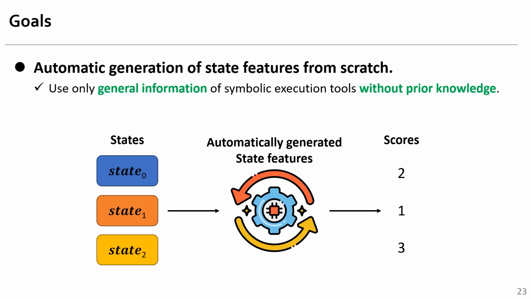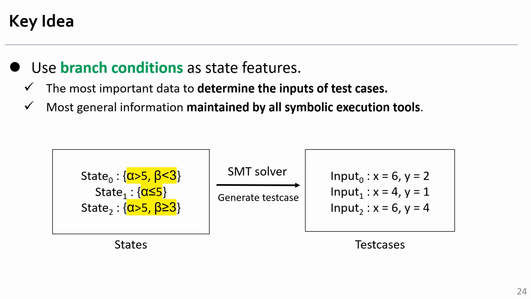To achieve the goal, we used branch conditions as state features. As mentioned in the explanation of symbolic execution, branch conditions are the most critical data to determine the input of test cases. And additionally, they are the most common information managed by almost all symbolic execution tools.